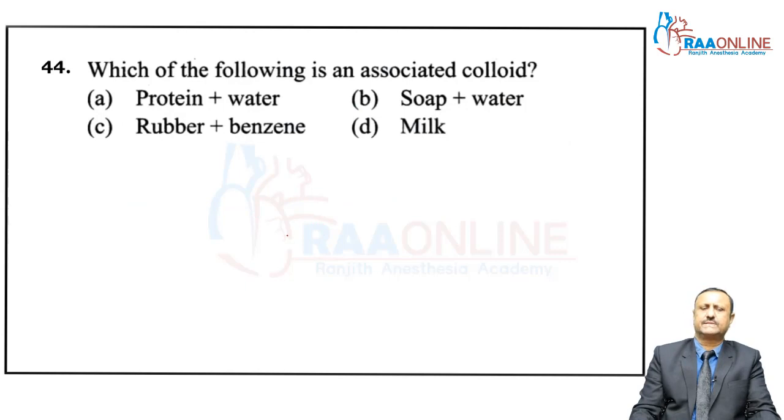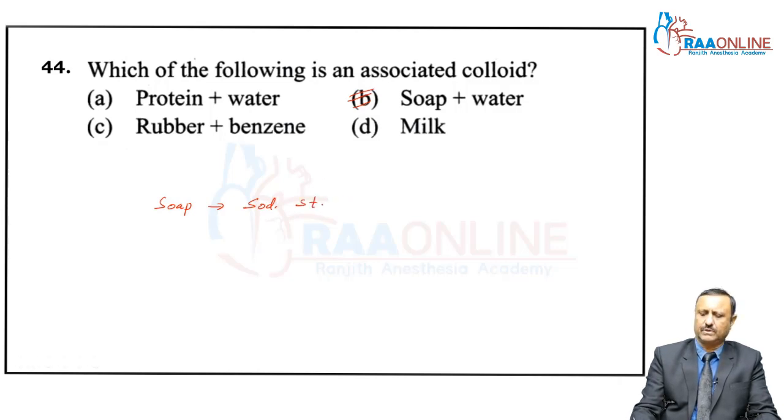Now, my dear students, we can see question number 44. Which of the following is an associated colloid? And you can go with answer B. Why? Because in soap, what is soap, my dear students? Soap is sodium stearate.